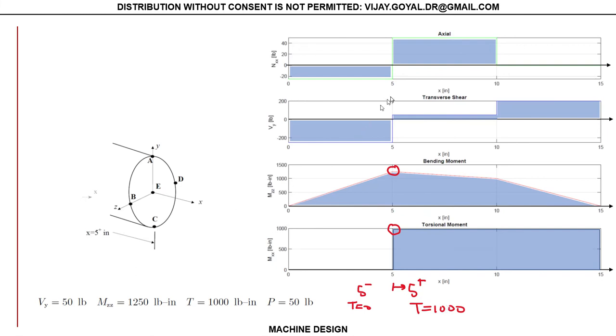And I really don't need these that much, but if you look at it, I still have some value there, and my axial load is also maximum. You could make the argument and say, hey, 10 plus also seems to be a possibility, because I have maximum shear here in the positive sense.